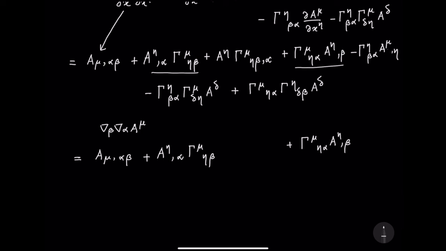What happens if I interchange alpha beta here? Well, it remains as it is, because remember, the connections that we are working with are symmetric in their lower indices. So it remains as it is. So is this term. That also remains as it is. Or let us write this as beta alpha.